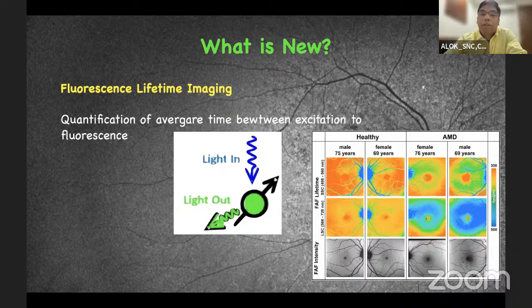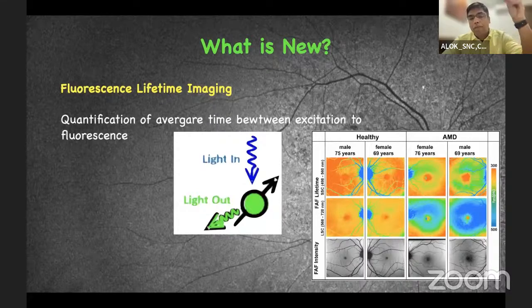It is very difficult to discuss this in detail in this class, but in general, what is done is there is quantification of the average time. Now, we know that when the light falls on these fluorophores, the electrons absorb the energy and go into a higher level.